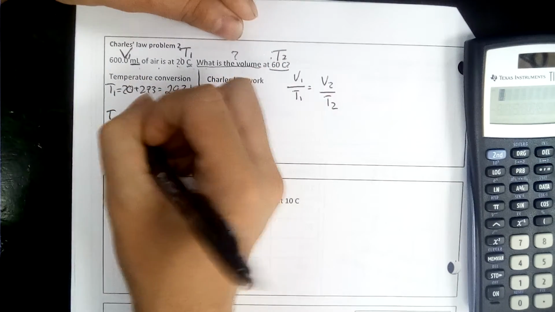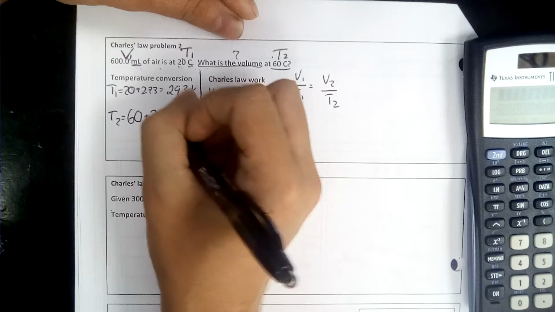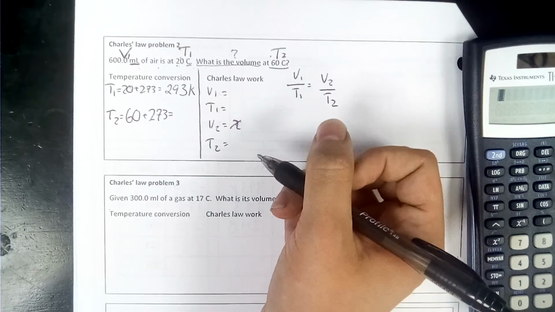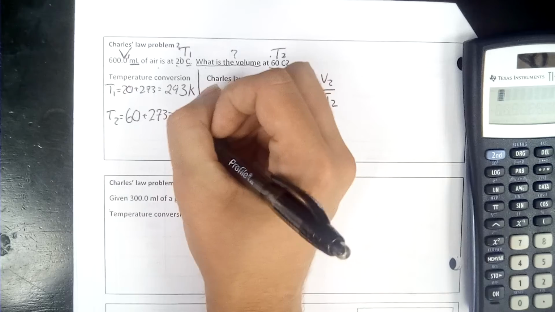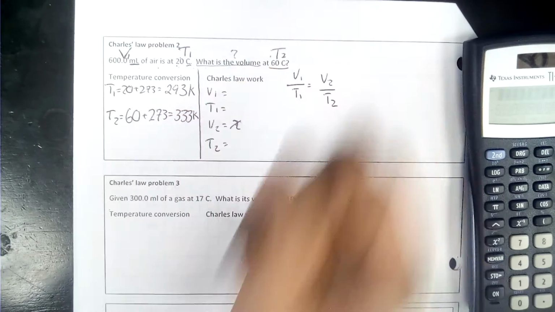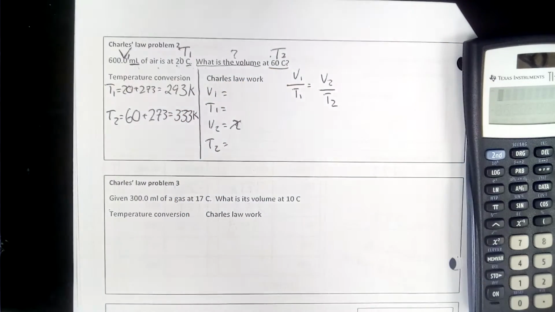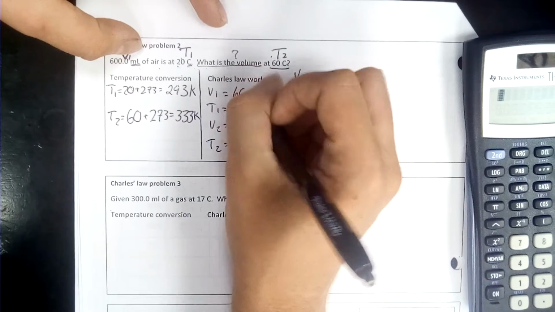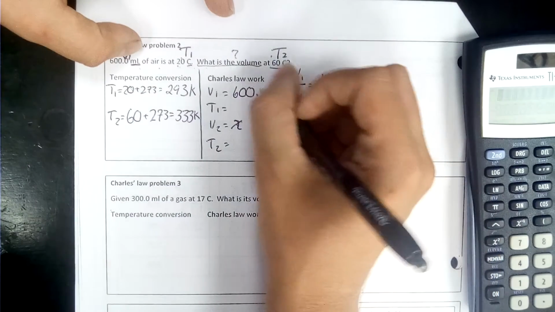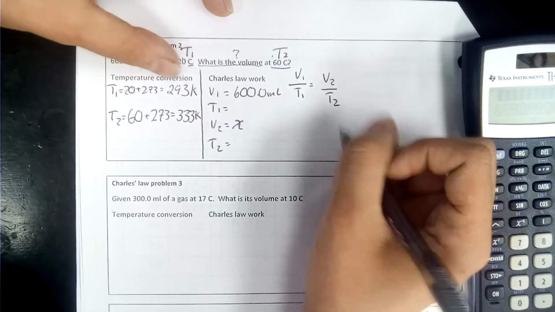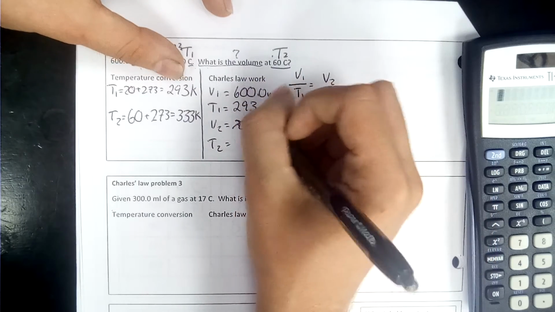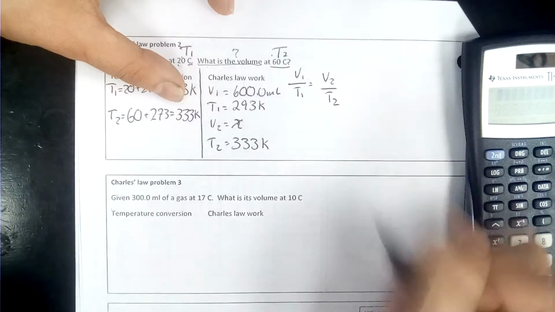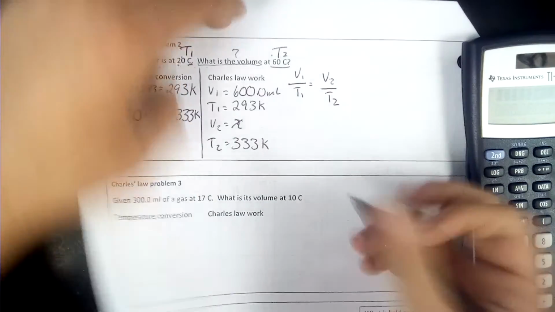And then for T2, we're starting off with 60 and adding 273 to it, and that is 333 Kelvin. So now we can go in and fill in our variables. Our V1 is 600.0 milliliters. Our T1 is 293 Kelvin, and then our T2 is 333 Kelvin.